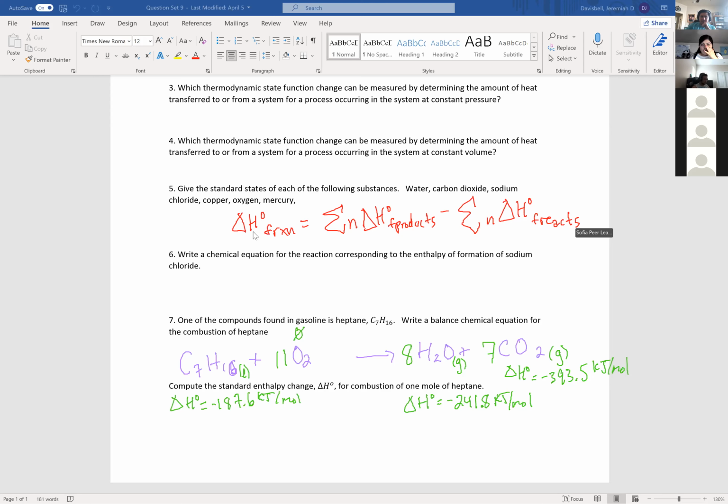Okay, so what do we have and what are we looking for? We have products and reactants, and we're looking for a change in H of the reaction, right?